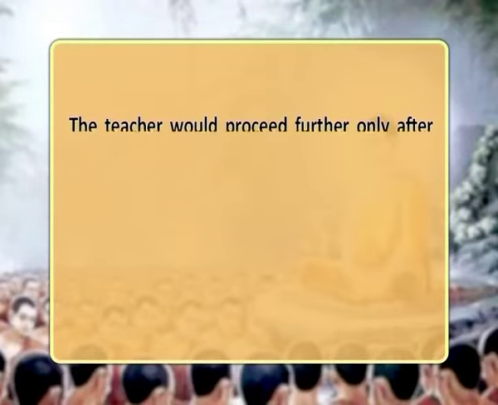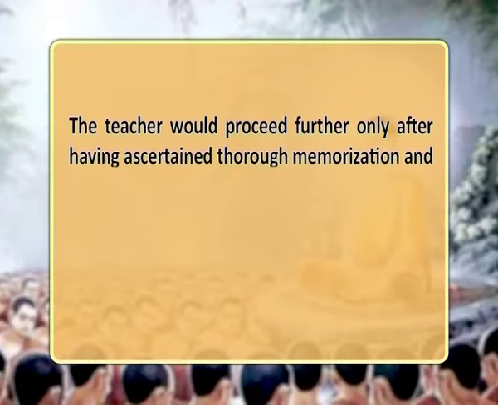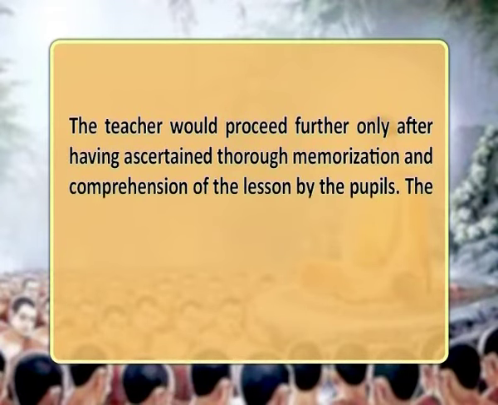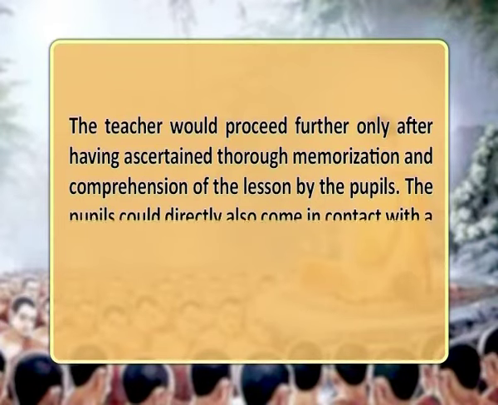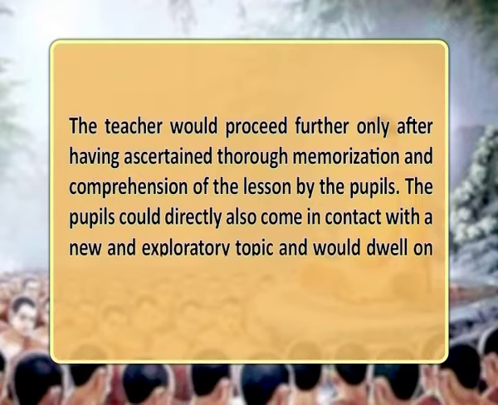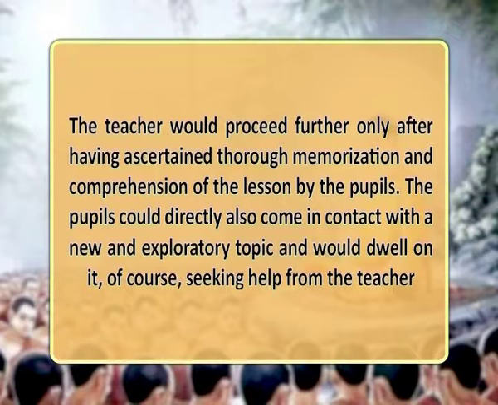The teacher would proceed further only after having ascertained thorough memorization and comprehension of the lesson by the pupils. The pupils could directly come in contact with a new and exploratory topic and would dwell on it, of course, seeking help from the teacher.